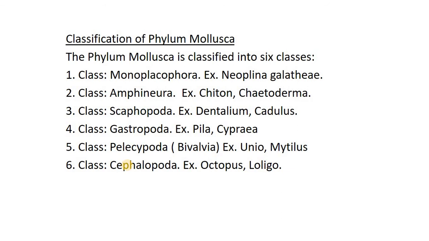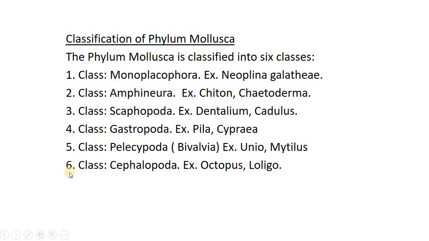The class Gastropoda, examples are Pila globosa and Cypraea, the cowries. The class Pelecypoda or Bivalvia, examples are Unio and Mytilus. Finally, the class Cephalopoda, examples are Octopus and Loligo. So these are the 6 classes of the Phylum Mollusca.